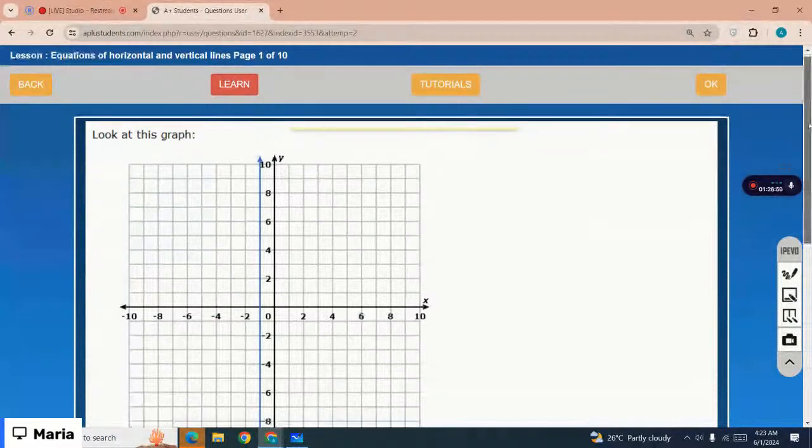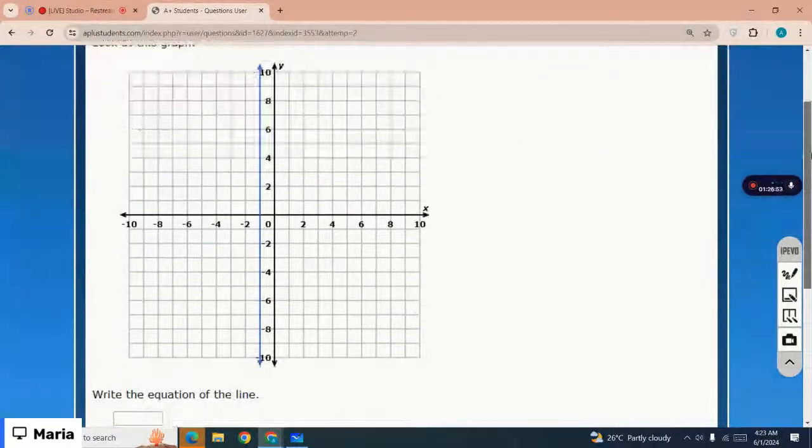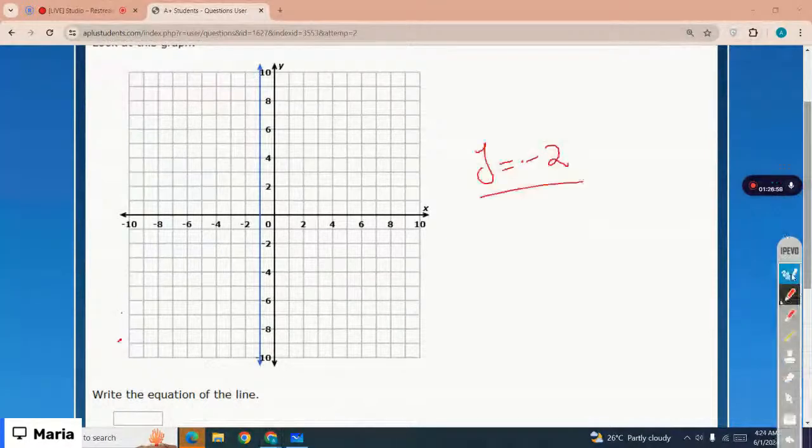So the graph is parallel to the y-axis, the vertical graph it is, right? So how do we find the equation? The graph has the same x values, just the y values change. X is -1. On every point, the x is -1. So the equation for this graph is x equals -1, right?